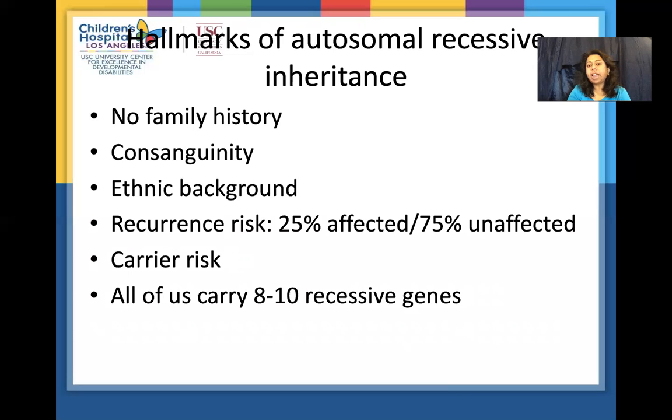So I just want you to be familiar with some of these patterns of inheritance that come along, particularly with single gene disorders. So a lot of times you might see, for instance, with autosomal recessive inheritance, that there is a predisposition towards autosomal recessive inheritance if there's a known background of consanguinity in a family.